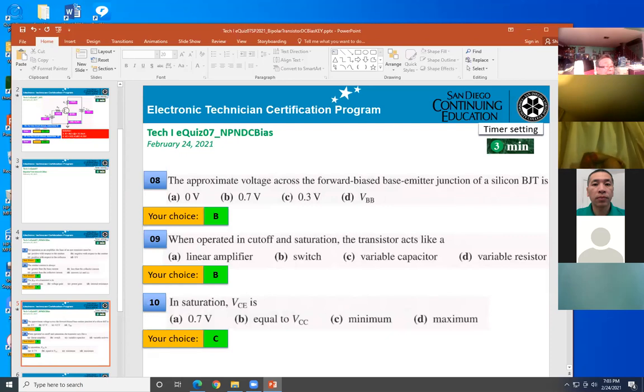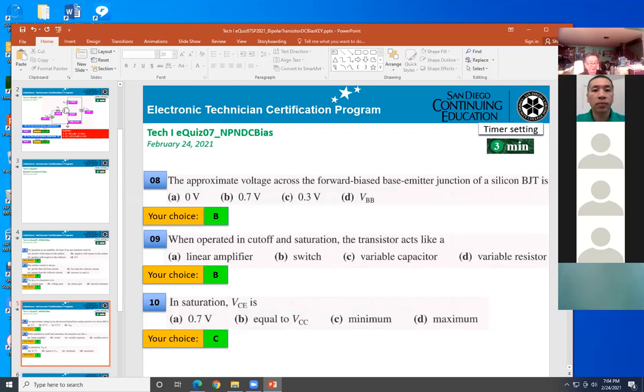Number 9, when operating in cutoff and saturation. In saturation, VCE is minimum, close to 0.